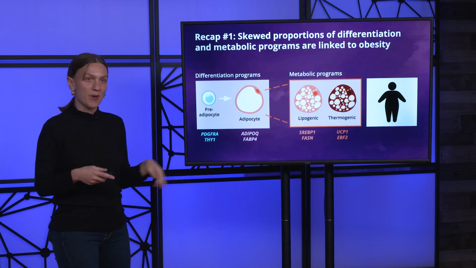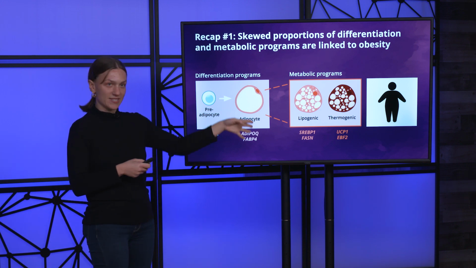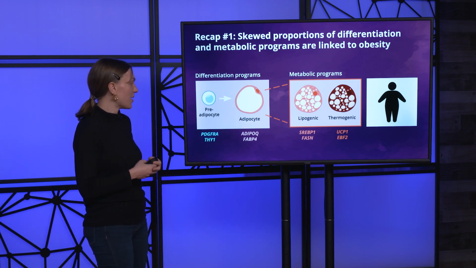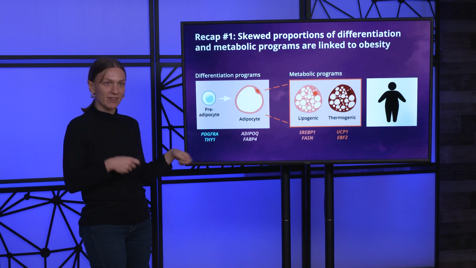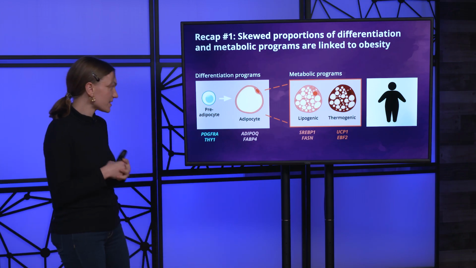And finally, we spoke about the gene expression programs which govern each of these different cell populations. And we also spoke about the specific functions that individual genes within these gene expression programs have.